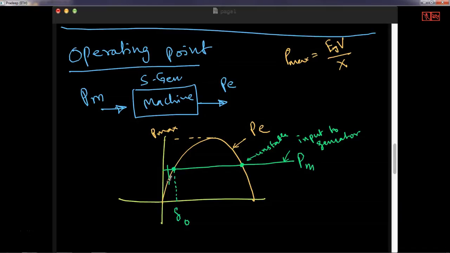If the machine is slowing down, the mechanical power is more than the electrical power. Therefore, again, the machine will speed up. So for any small disturbance, it will be like a rock here at delta naught: if I move right side, it will come back to normal; if I move left side also, it will come back to normal. So this is the delta naught operating point.